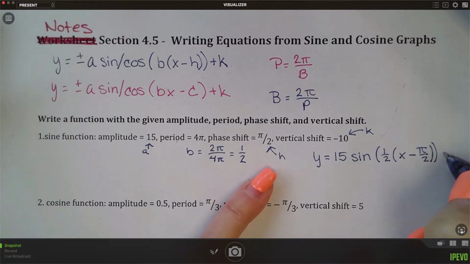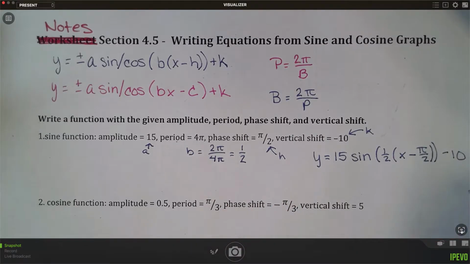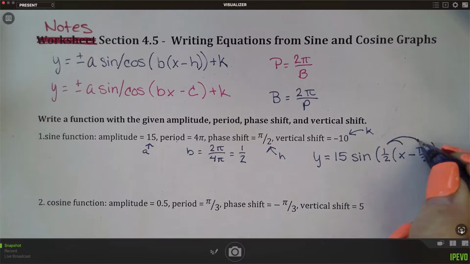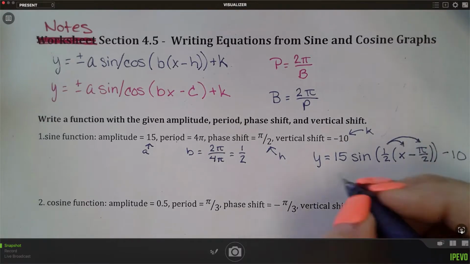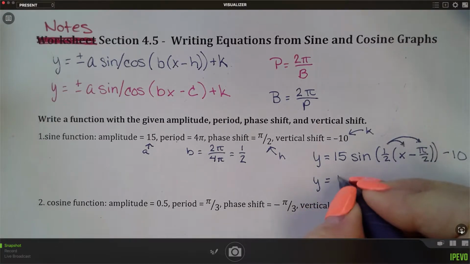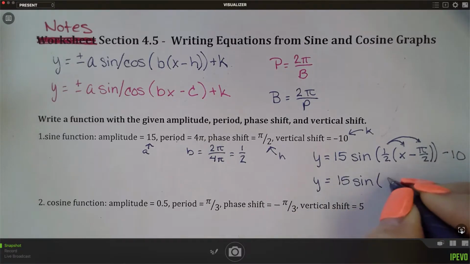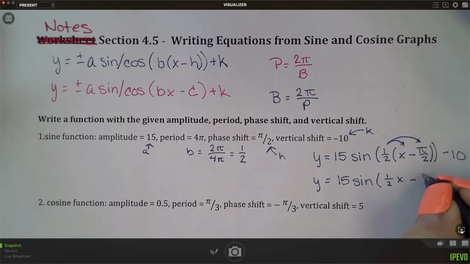Minus 10. Woo! Now, you're not done because this is not simplified. You have to do what with this 1/2? Factor it in. Distribute it in. Yeah, that. So y equals 15 sine of 1/2 x minus pi over 4 minus 10.